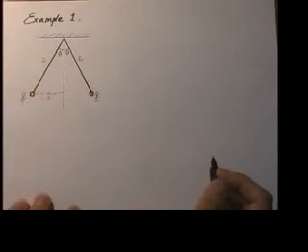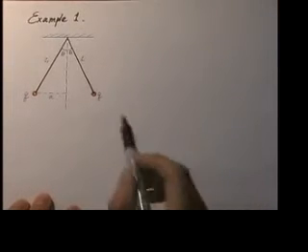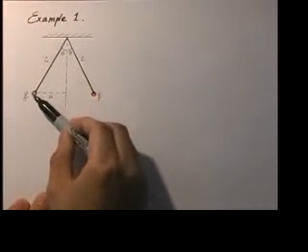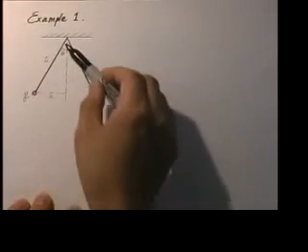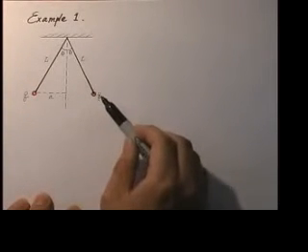Okay, now we're going to look at our first example involving electrostatic force. In this setup, we have a massless string attached to a point mass at the end, and on that side is an identical massless string attached to an identical point mass.